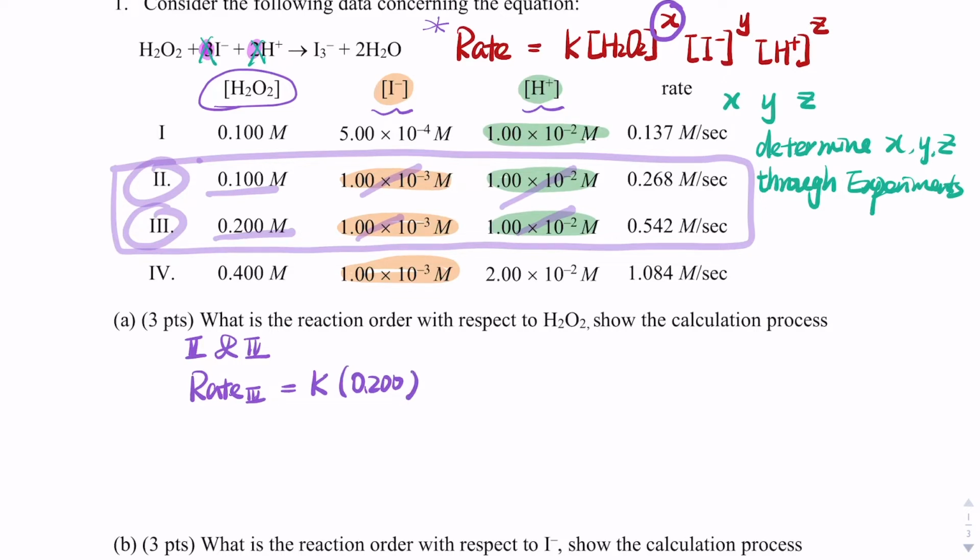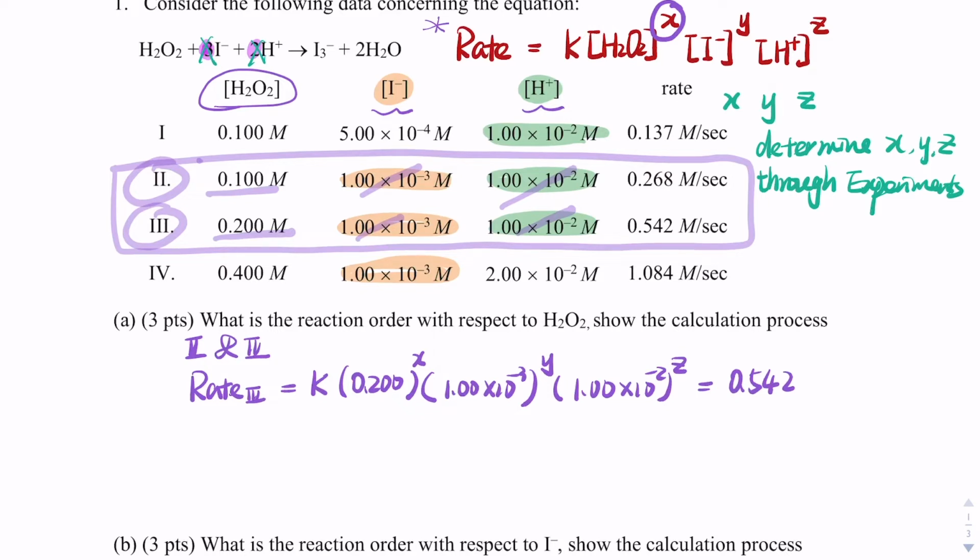Now I can get rid of the parentheses because I already have the values. That's to the power x, then 1 times 10 to the negative 3 to the power y, then 1 times 10 to the negative 2 to the power z. This equals 0.542. You can use a unit, but at this moment it's fine because all the units will cancel out.